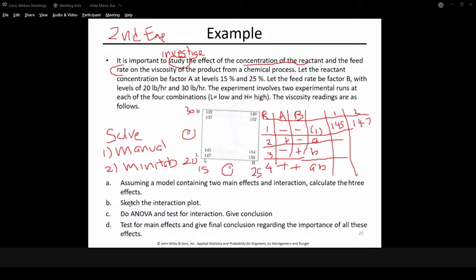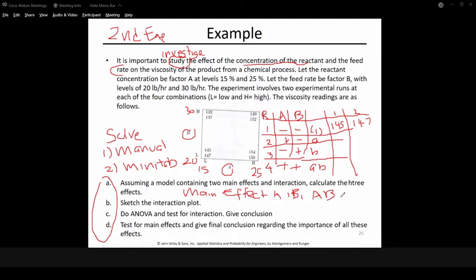This is a typical question that will be asked for test 1 or the final. Calculate the effects, that means calculate the main effect of A, main effect of B, and the interaction effect of AB, using the formula of effects: contrast over n 2 to the power k minus 1.